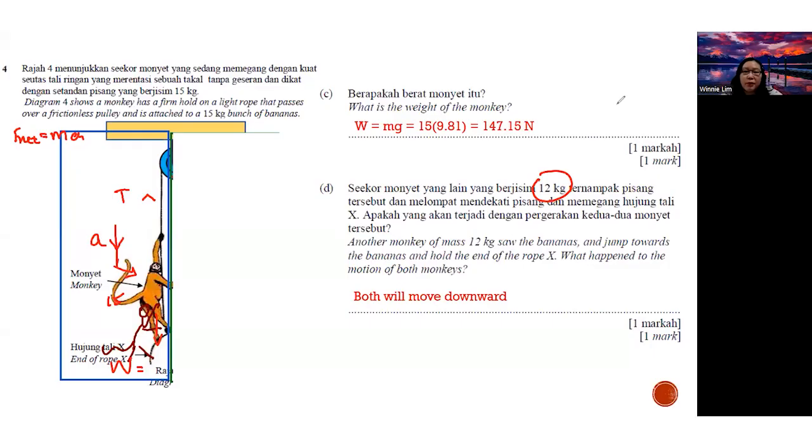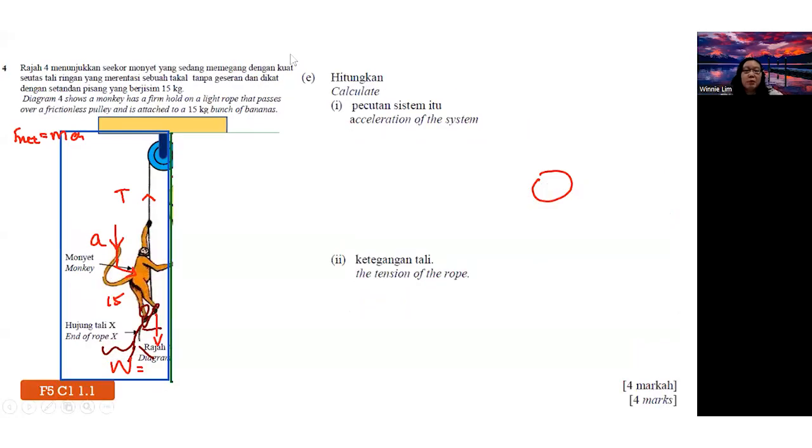Okay, so therefore, now the total mass for both will be 15 plus 12. This one I just drew on it. One is 12 kg. This is 15 kg. Okay, so the weight will be 27 times 9.81. And then you get the weight, 264.87 Newton.